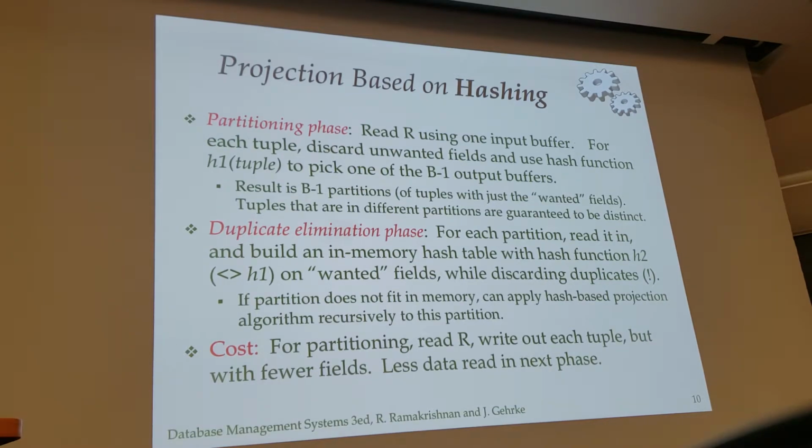We keep the ones that matter, and we use the hash function. We'll call it h1 over here. We'll use the function h1, and we'll put tuples from R inside a hash table.